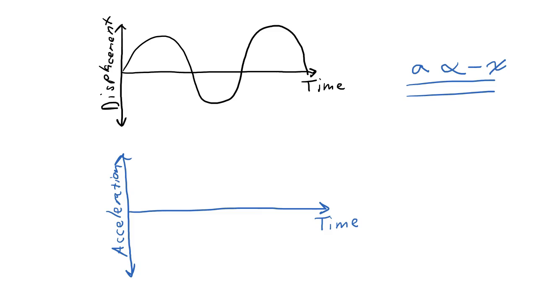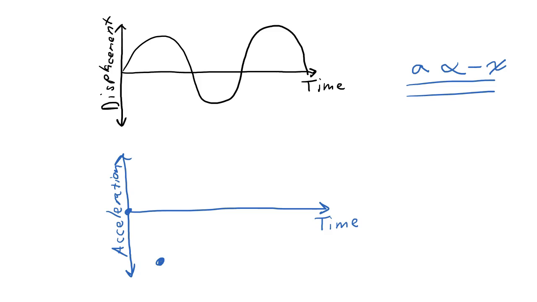So when my displacement is 0, my acceleration is 0. If two things are proportional and one's 0, the other has to be 0. When my displacement is at maximum, I know my acceleration has to be at its most negative, its farthest down.